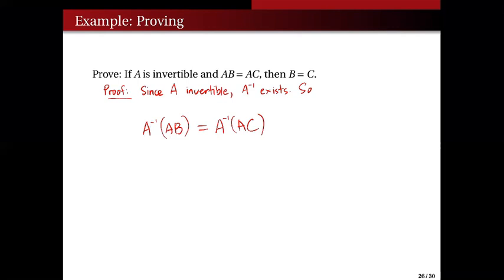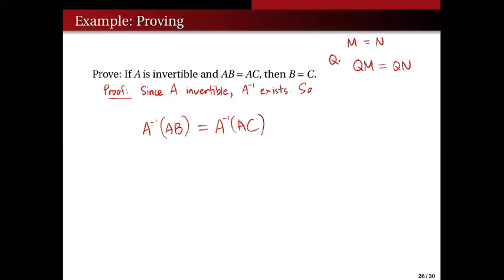For example, if you have matrices M equals N and you want to multiply some matrix Q, if you multiply Q on the left of M, you also need to multiply Q on the left of N, and the equality is preserved.